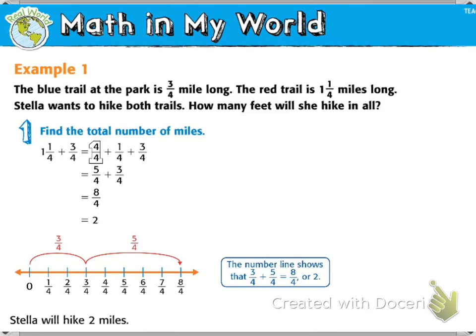Okay, first thing we need to do is find the total number of miles. So we need to add 1 1/4 plus 3/4 equals 4 fourths plus 1/4 plus 3/4. Okay, 4 fourths plus 1/4 is 5 fourths plus 3/4, which is 8 fourths. 4 goes into 8 2 times, so 2. So Stella will hike 2 miles.